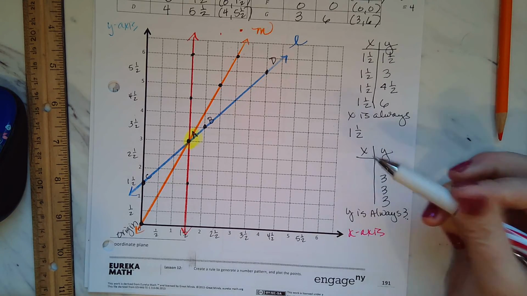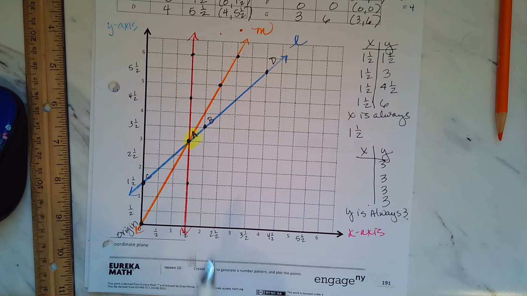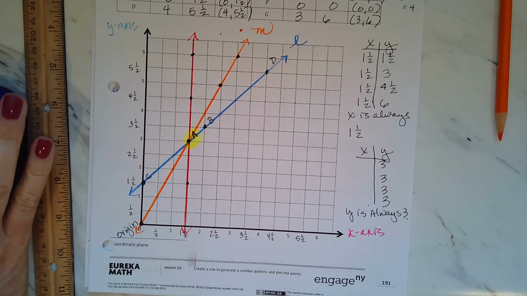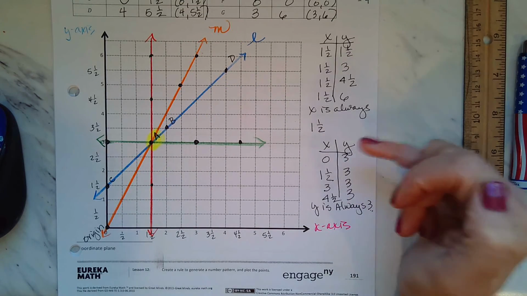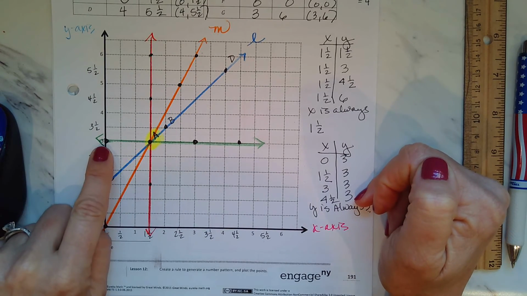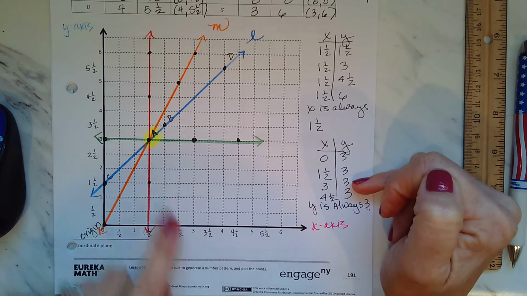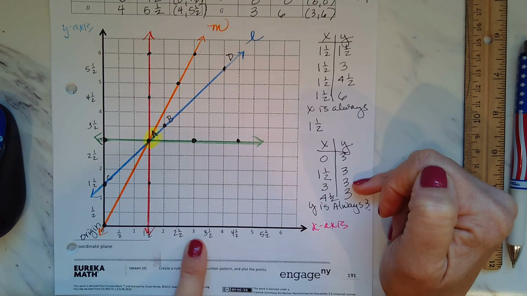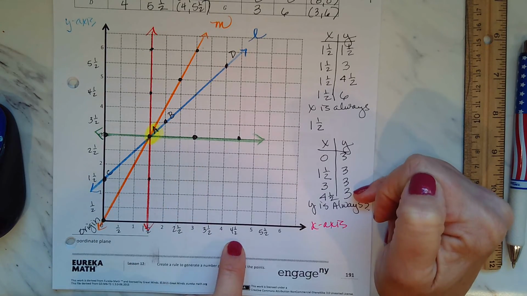I want you to generate some x points, and then I want you to draw the line. Come back and check your work. Okay, so if y is always 3, I thought, well, okay, 0 and 3, 1.5 and 3, 3 and 3, 4.5 and 3.